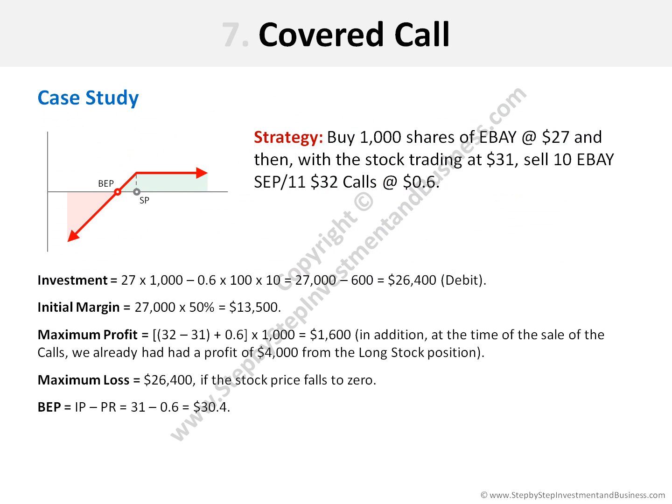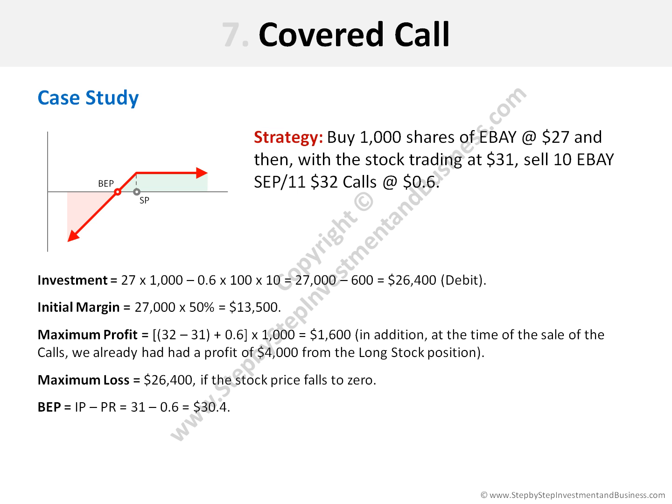The strategy consisted of buying 1,000 shares of eBay at $27, and then, with the stock trading at $31, selling 10 calls with a strike price of $32 and expiration in September 2011 at 60 cents. Therefore, our investment is equal to the $27,000 we must pay for the shares minus the premium received for selling the calls.